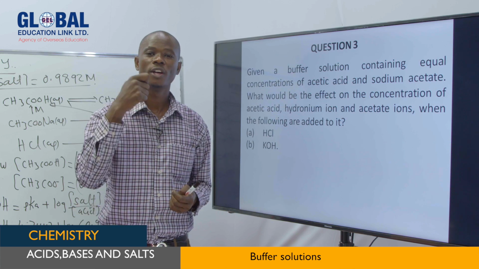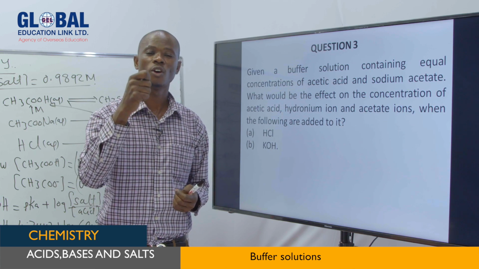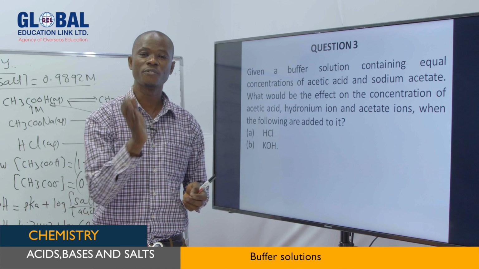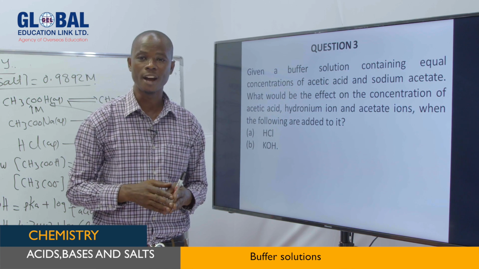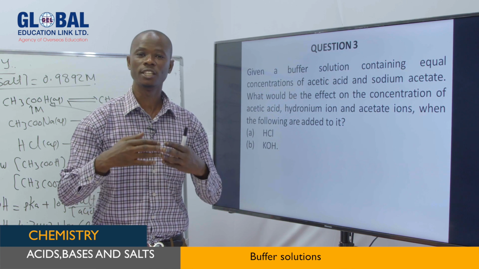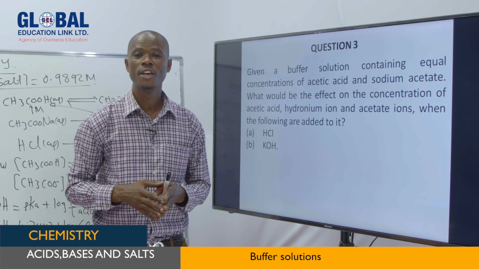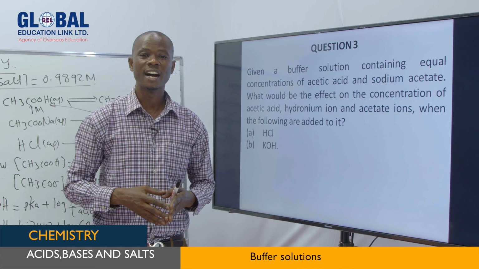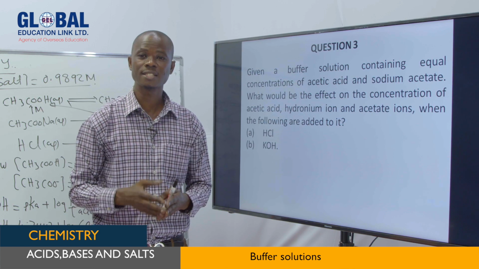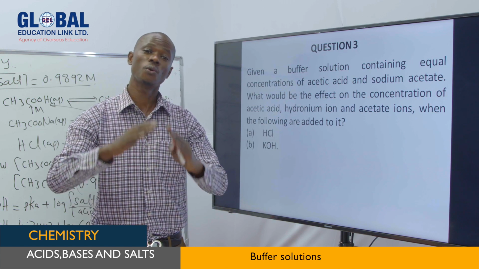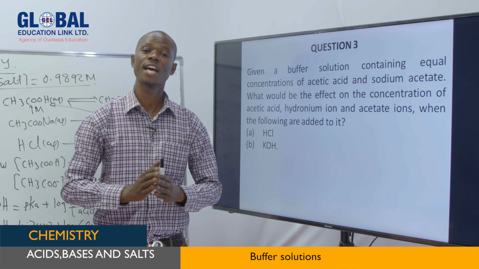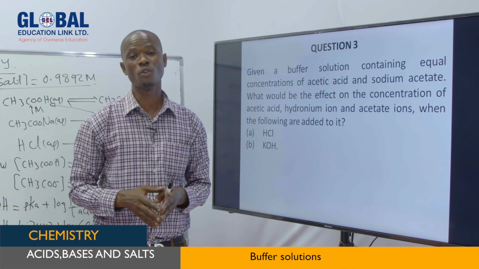That will prevent the growth of bacteria in order to prevent the destruction of the diaper. It can be used in textile industries for balancing the pH of different dyes. It can be used in laundry processes in balancing the pH. So buffer solutions are used in most parts of our life.